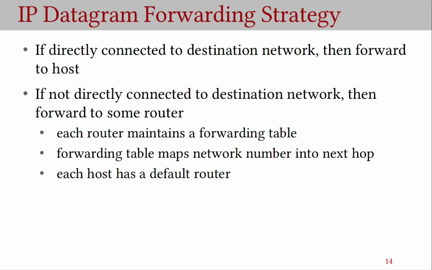Now we are going to look at how datagrams are forwarded in IP. Recall that the destination address is present in the datagram. The second thing to note is that the network address uniquely identifies a particular network, and all the hosts in that network have the same network address part, although they have different host address parts.